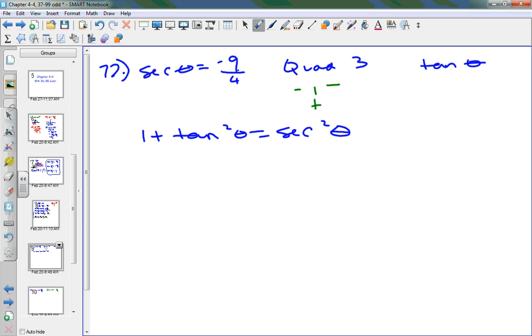And I'm going to solve this thing for tangent right away. So I'm going to have tangent squared of theta is equal to the secant squared of theta minus 1. Do we see that, yes or no? Okay, what do I know secant to be? What's secant? Plug it in.